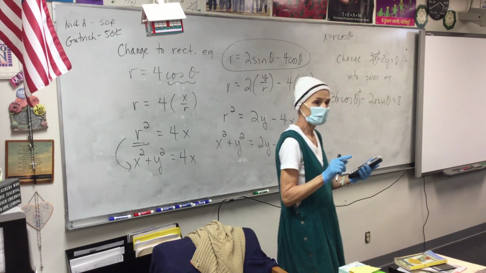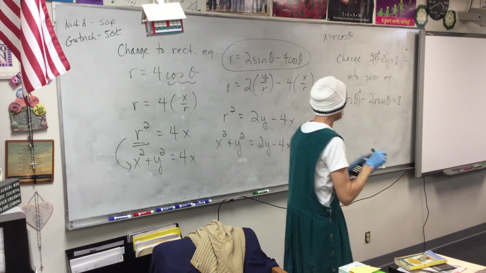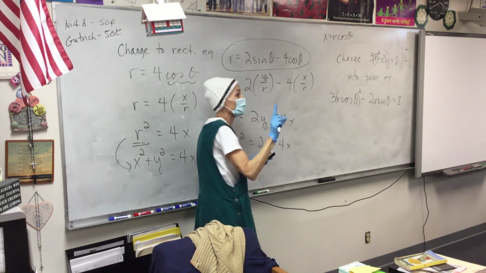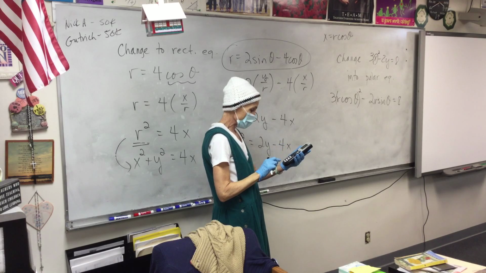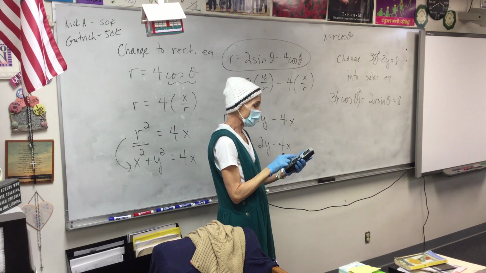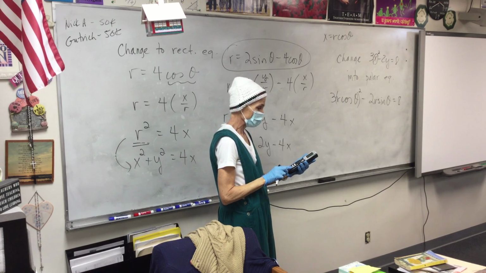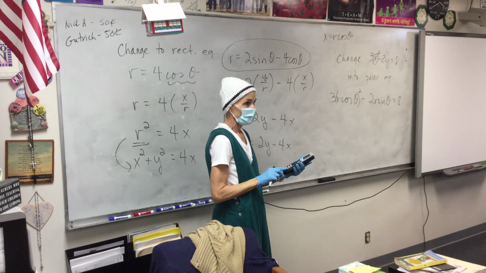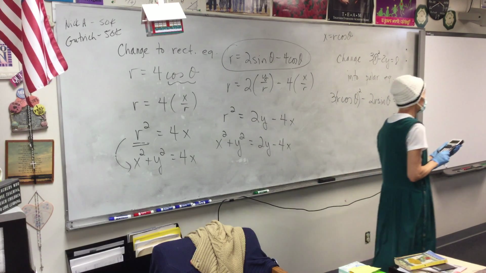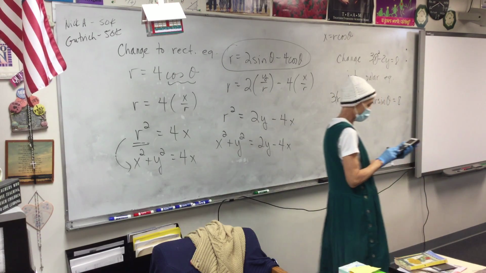Everybody good? Now let's go to our window. We're going to be graphing this equation right here, and we are in degrees. So theta min needs to be 0, and theta max needs to be 360. Does everybody understand that? If I were in radians, I would be using 0 and 2 pi, but I'm in degrees, okay?